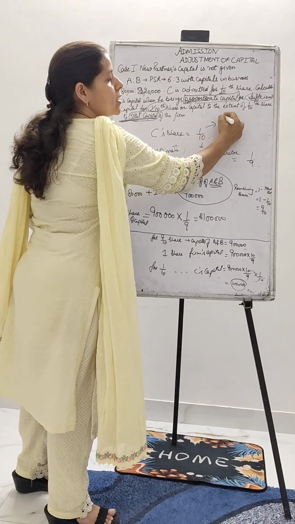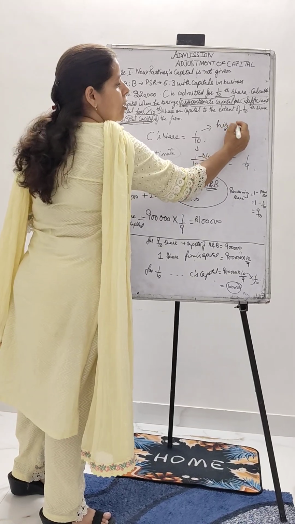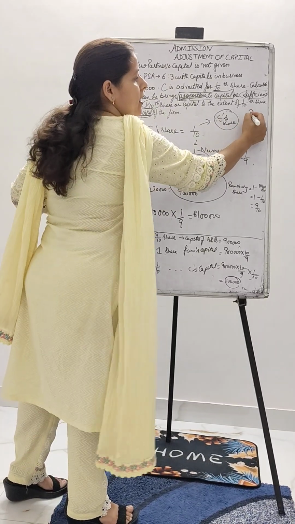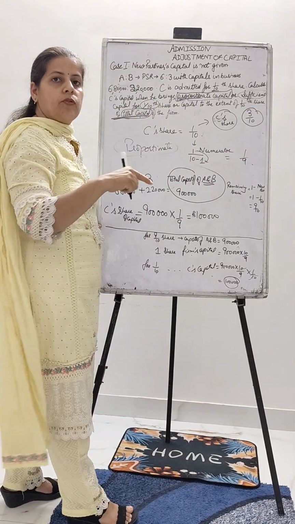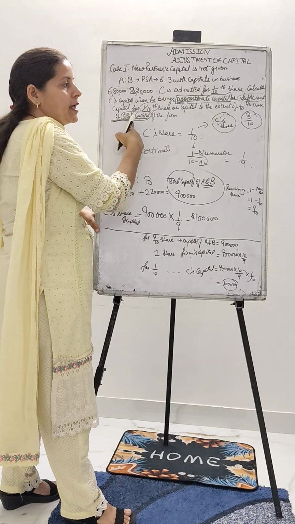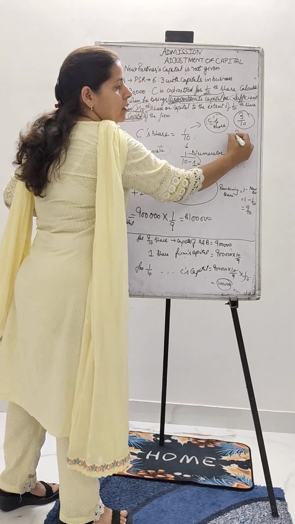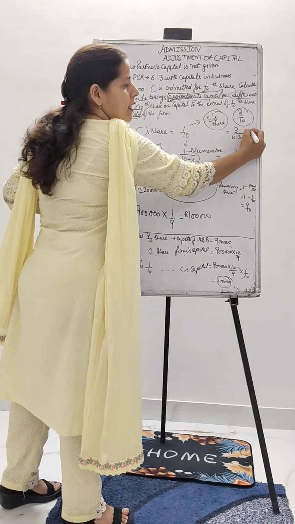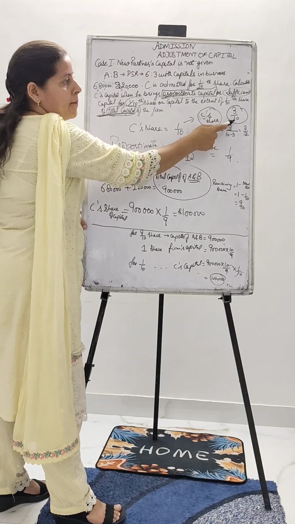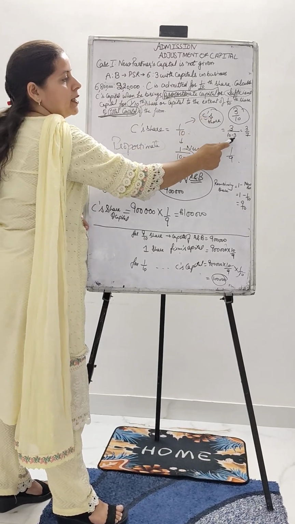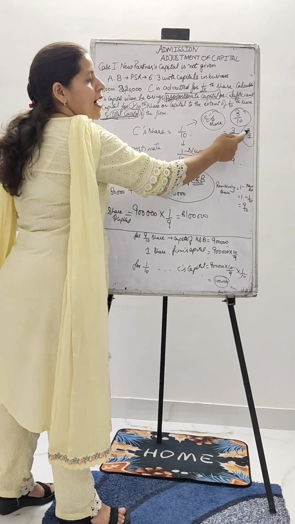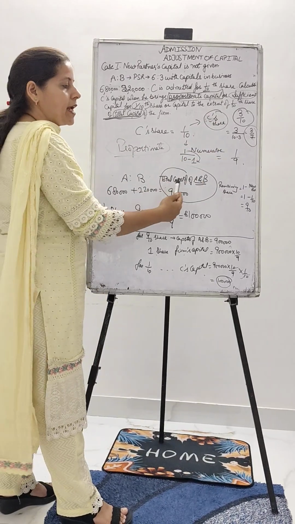Let's suppose C's share would have been 3 by 10, then how much will we take for the calculation of proportionate, sufficient capital or total capital of the firm? That would have been 3 upon 10 minus 3, that is 3 by 7. How we took 3 upon 10 minus 3, minus the numerator, we got 3 by 7. In that case, we will take 3 by 7 of the capital of A and B.